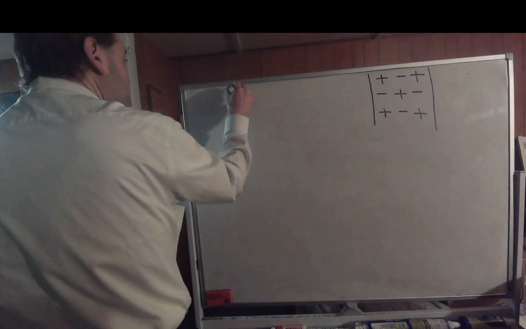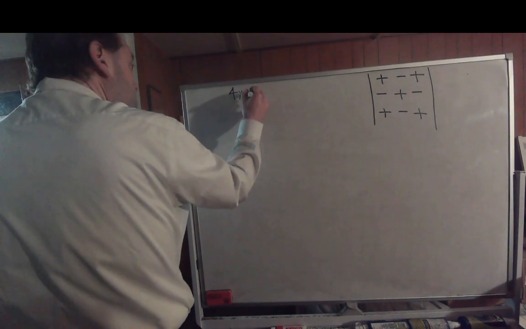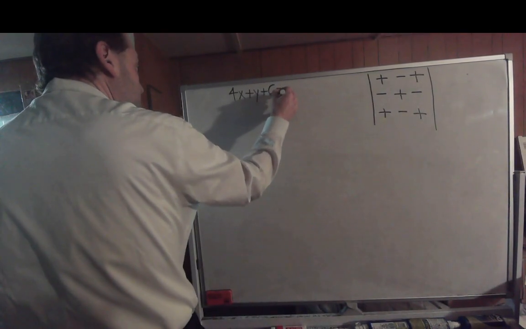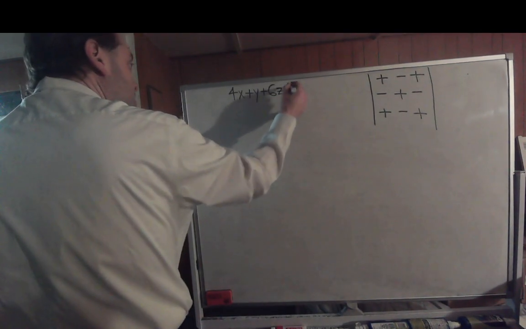Alright, what is the next system I want to solve? Here we go. We have 4x plus y plus 6z is going to be equal to 7.